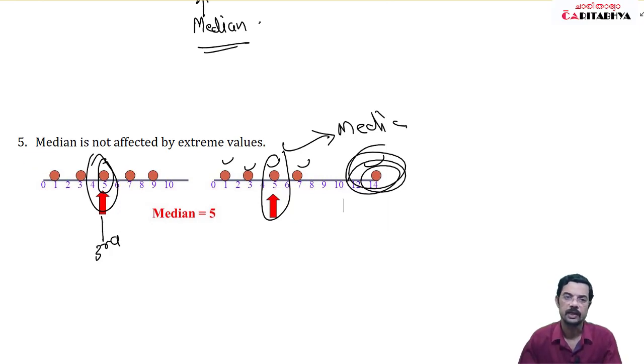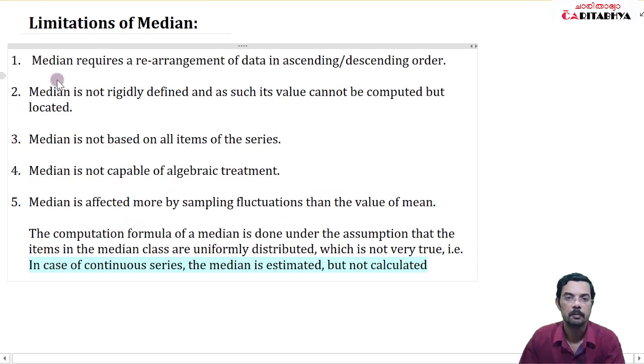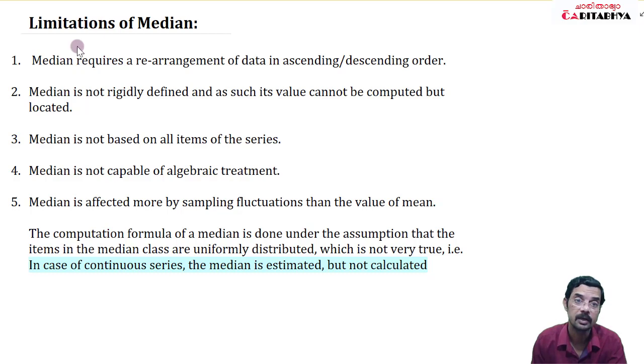Now, finally, we shall discuss some limitations of the median. Median requires rearrangement of data. We need to arrange first of all, and if you do not arrange, then you cannot find the median. Then, median is not rigidly defined.